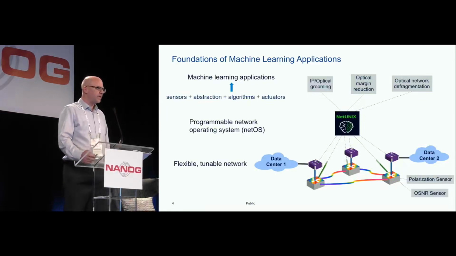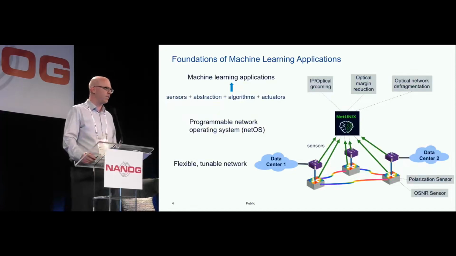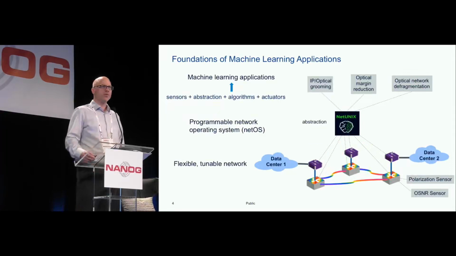Now we need to be able to get sensor information from the network into the NetOS, and then we want to provide an abstracted view of the network to the algorithms that can run on top. By abstraction, we want to hide some details of the network, but also present the data that we need in order to run the algorithms on top.